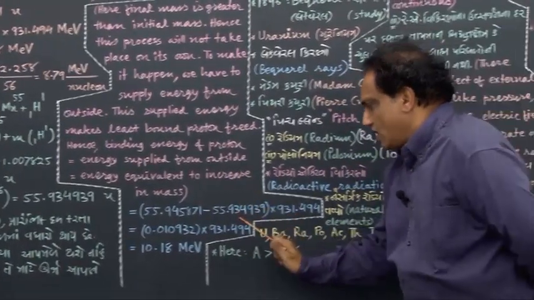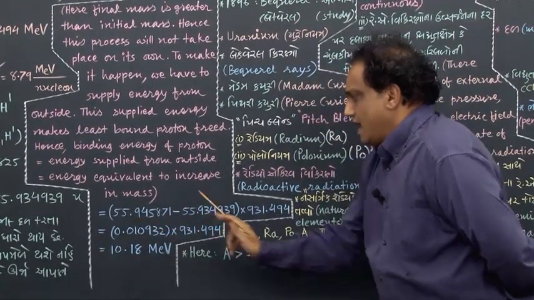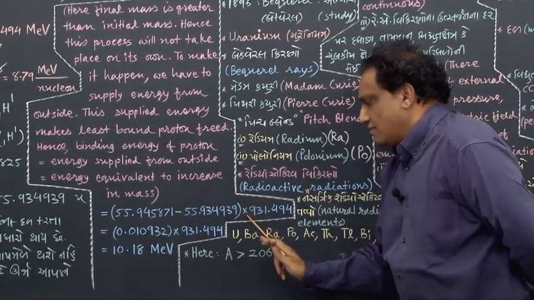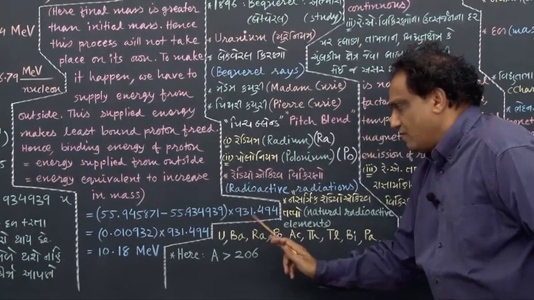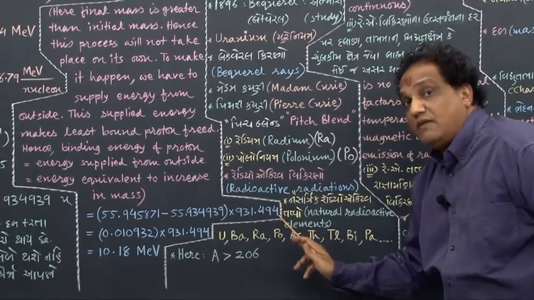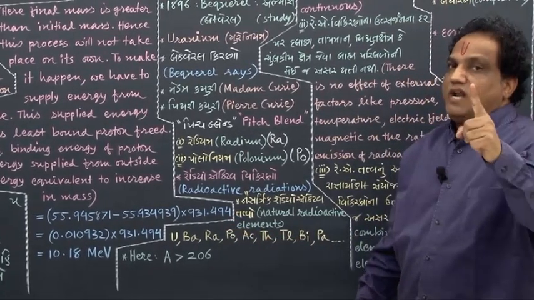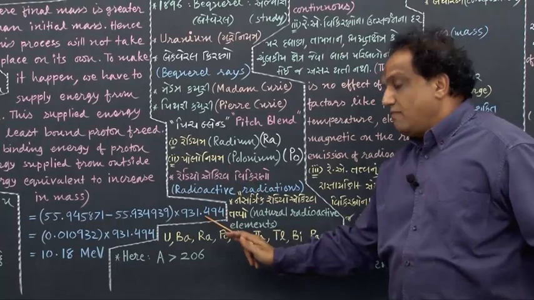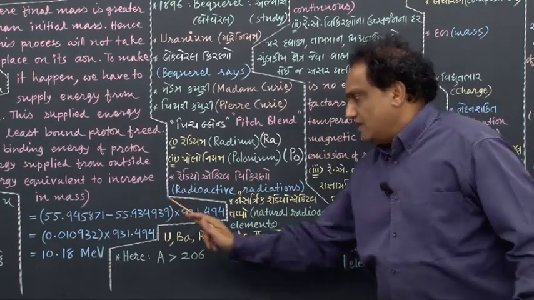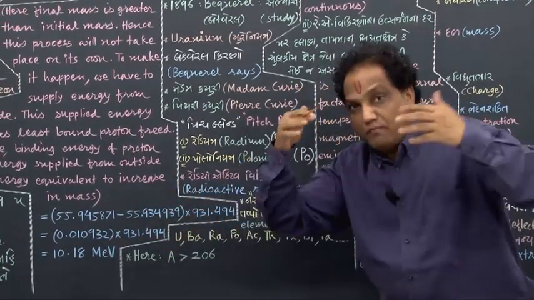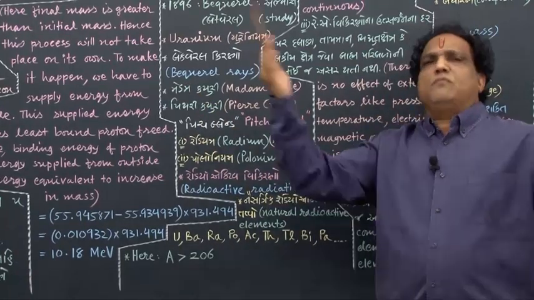Let me subtract smaller mass from bigger mass, and that increase in mass I should multiply by 931.494 million electron volt, because I know, given in the statement, that one atomic mass unit is equivalent to this many million electron volts of energy. Then this much is the increase in mass in atomic mass unit. It is equivalent to what amount of energy?